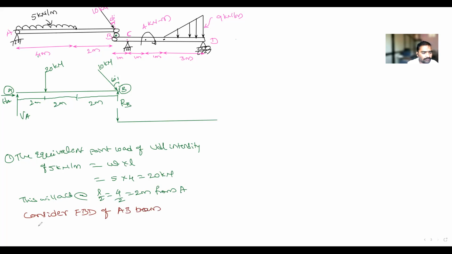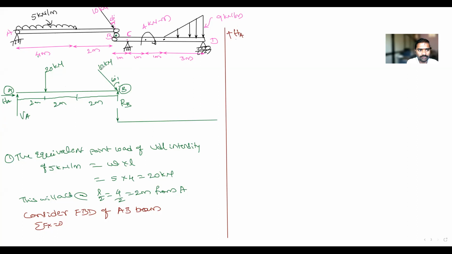So in the AB, the first one is sigma Fx equal to 0. What are the horizontal forces? HA, which is moving in the positive direction. Then what are the other forces moving in the horizontal direction? That is the inclined 10 kilonewton force.